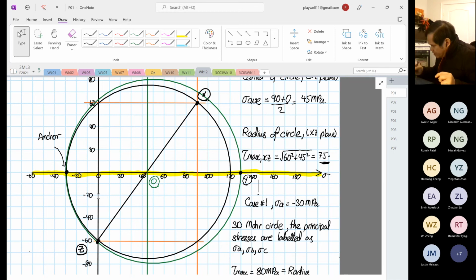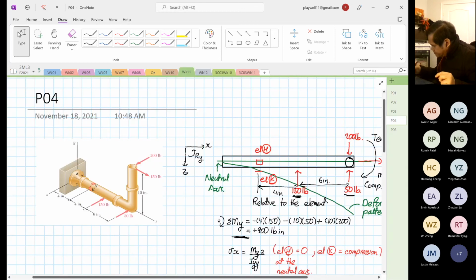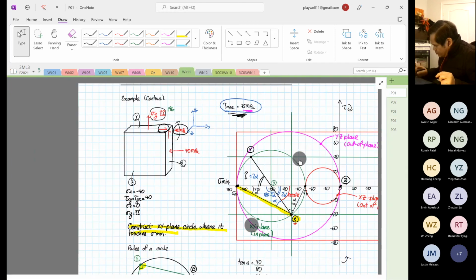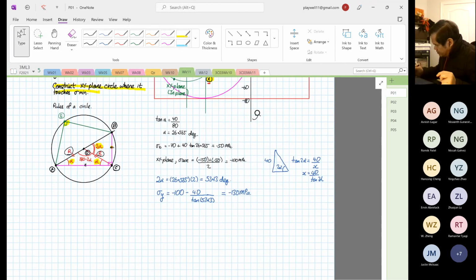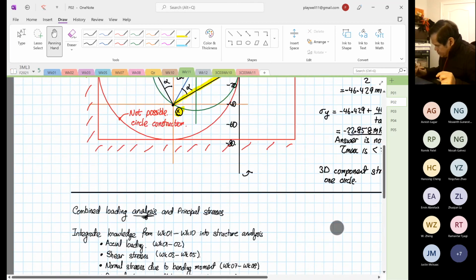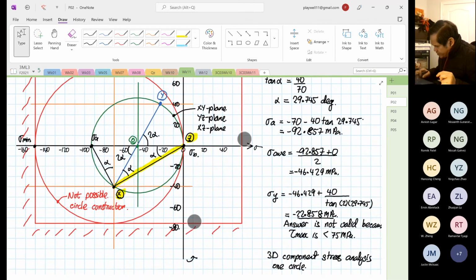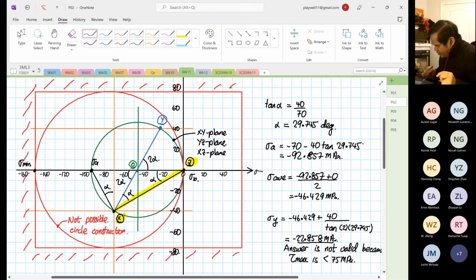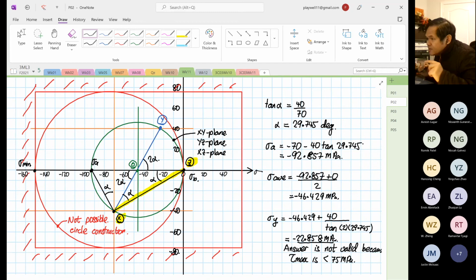Remember last week I did this example. Over here you can see 3 points, X, Y, and Z, are on the same circle. But this answer is not valid because it did not meet the maximum shear stress condition.